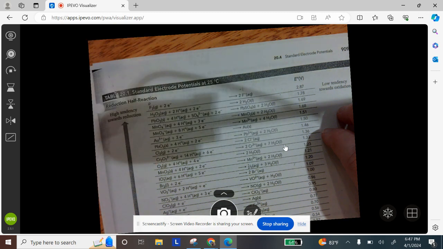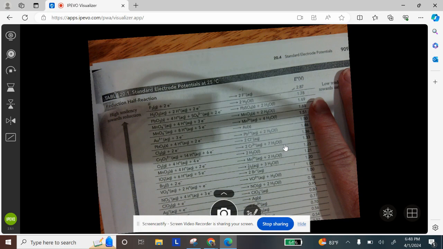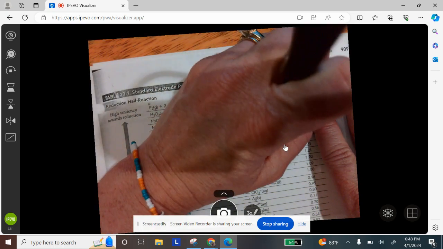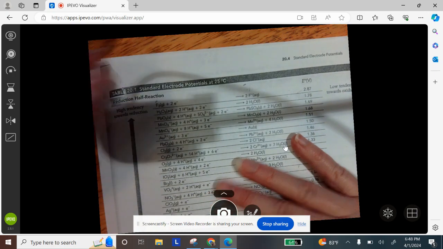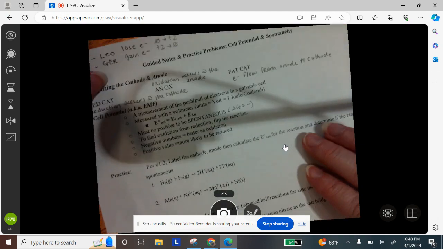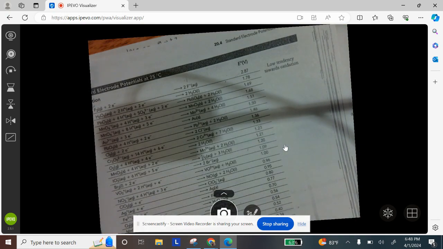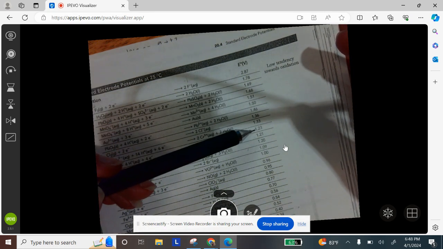So it's being reduced, right? So this is the reduction potential. So if we needed the oxidation potential, we would just flip the reaction and then this would become negative. Okay, so that's what that means. So you have to pay attention to what's supposed to be happening in your reaction. And we'll look at an example, which is where we're going now. The more positive the value, so if you look at these values here, the more positive it is, the more likely it is to be reduced. Okay, that's what that means.